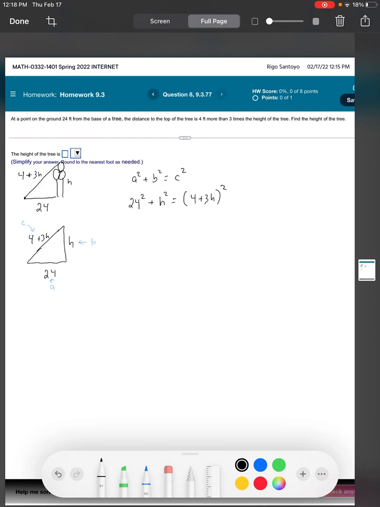All right, so we start doing some calculations. 24 squared is 576, plus h squared.